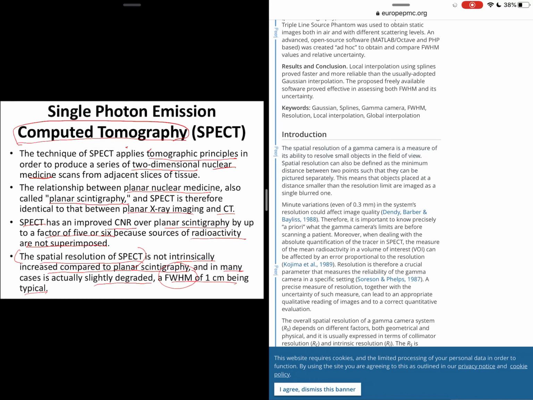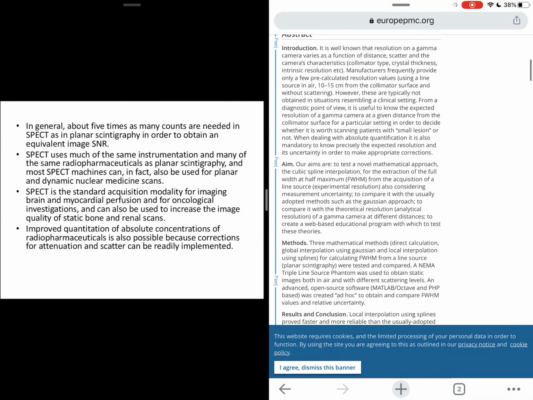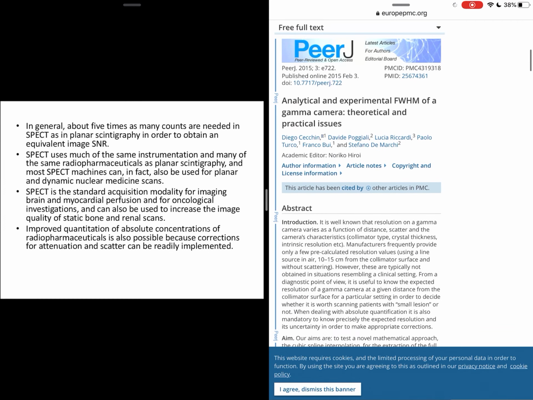So if the objects are placed at a distance smaller than the resolution limit, the image will become a single blurred one. It is important that the distance should be greater than the resolution limit.